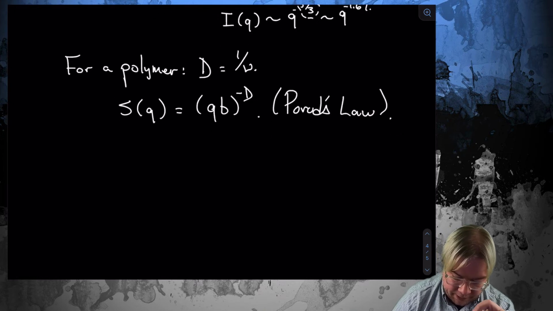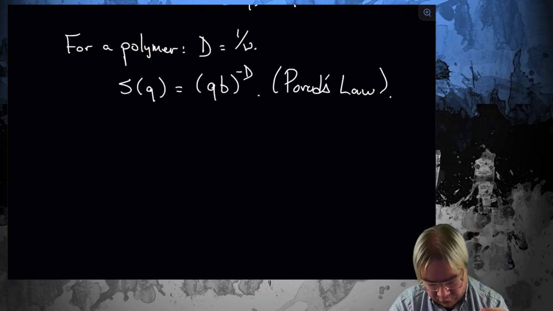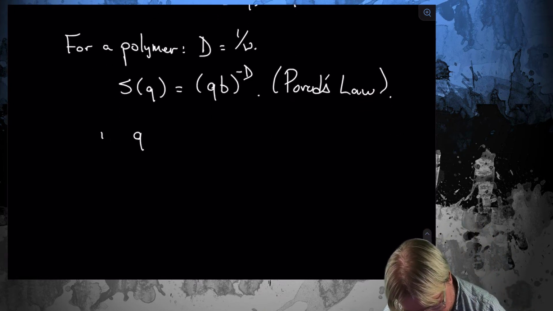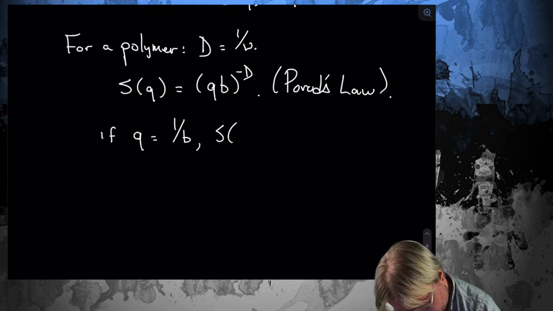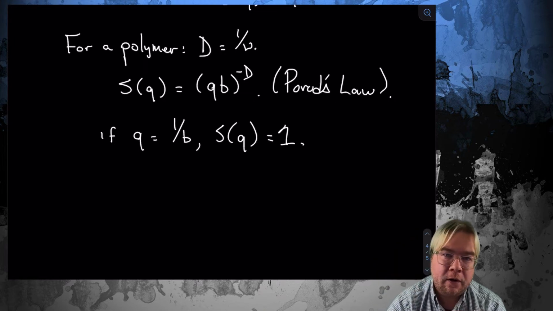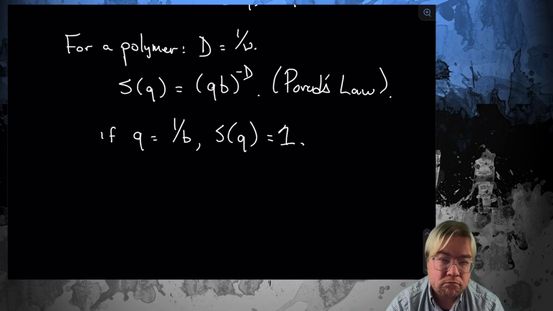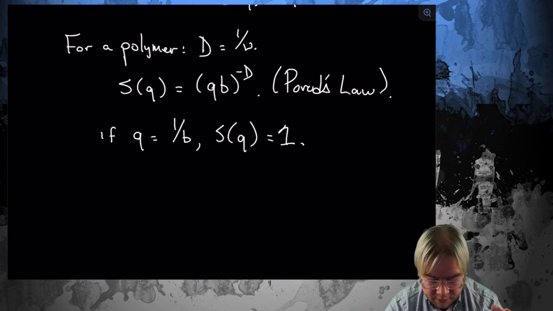Okay, let's look at the final limit. How far can we go? Well, if Q is equal to 1 over B, then S of Q is equal to 1. Does it make sense to go smaller than the monomer size? No, there's nothing there.